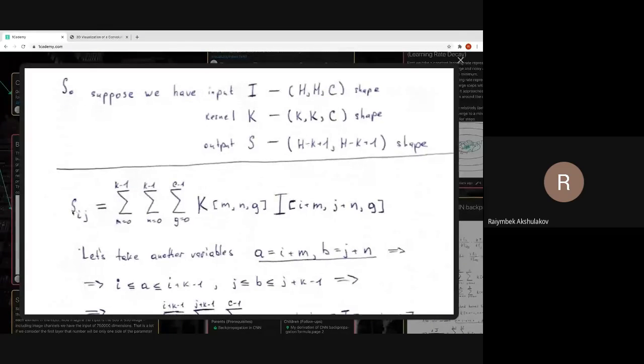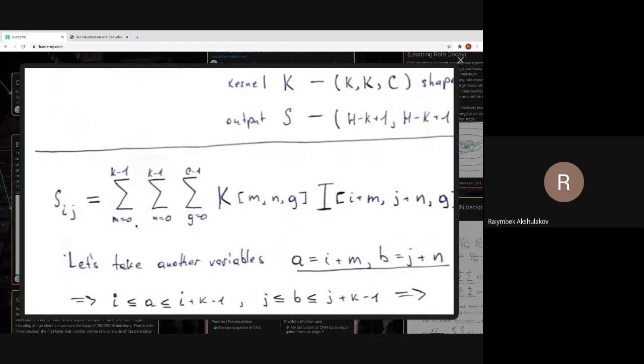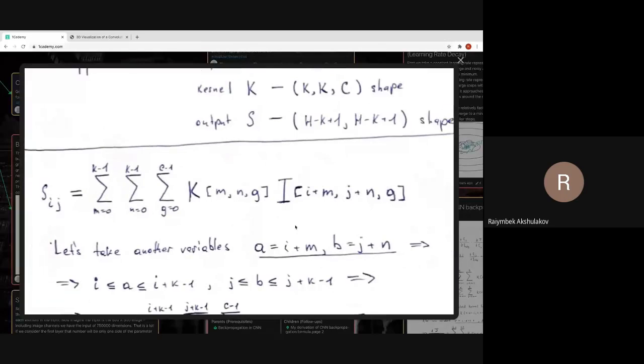The formula has indices m and n for the sides of the matrix, and c for channels, and it's just a multiplication of those. Let's try to switch variables. i and j are the indices in the output, and m and n are the indices on the kernel and image.